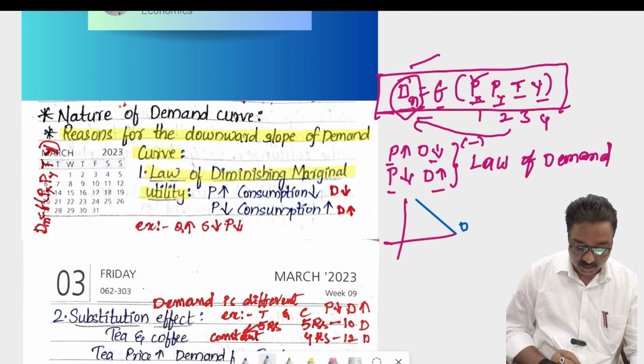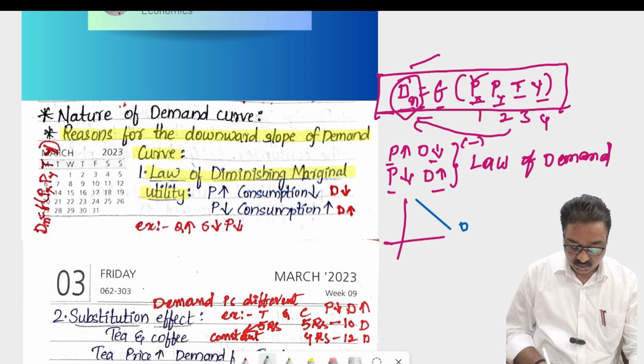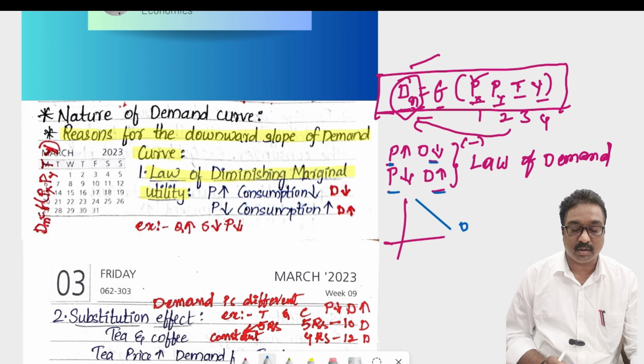This is the demand curve. It goes from left to right downwards. Why? Because when the price increases, demand decreases, and when the price decreases, demand increases. That's why the demand curve goes downwards from left to right. Are you correct or not?